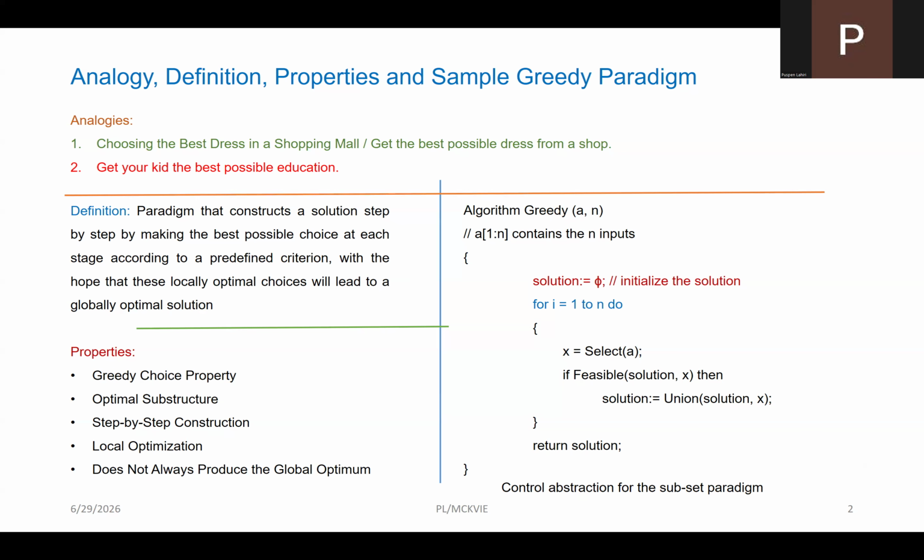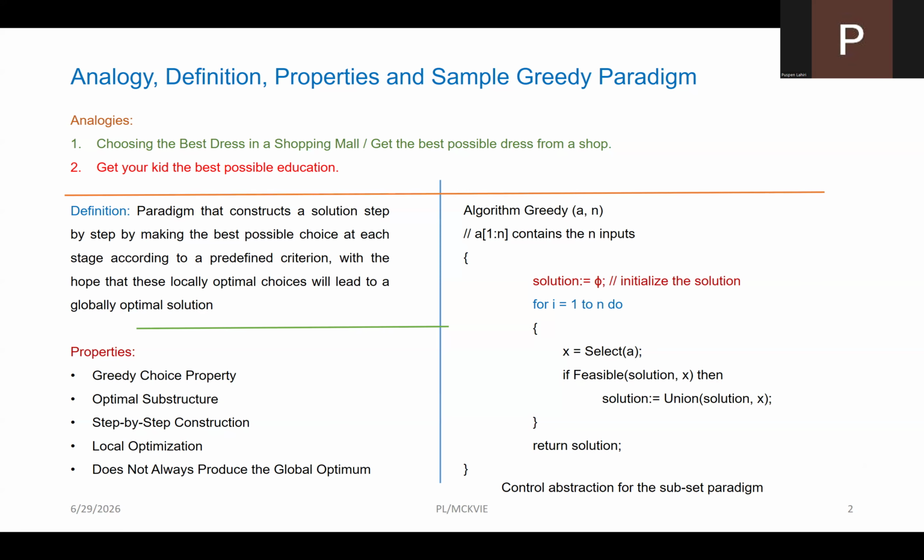If I go into the definition of the greedy paradigm, a greedy algorithm is an algorithmic paradigm that constructs a solution step by step by making the best possible choice at each stage according to a predefined criterion, with the hope that these locally optimal choices will lead to a globally optimal solution.